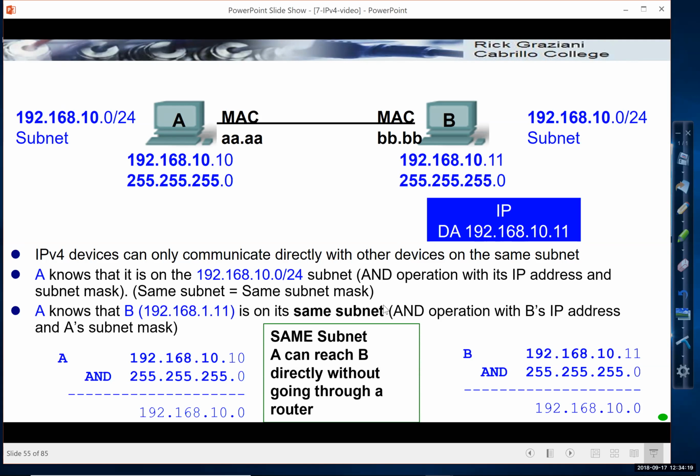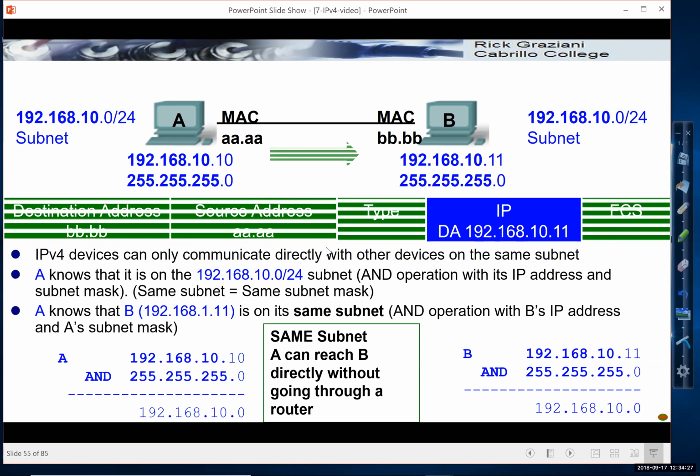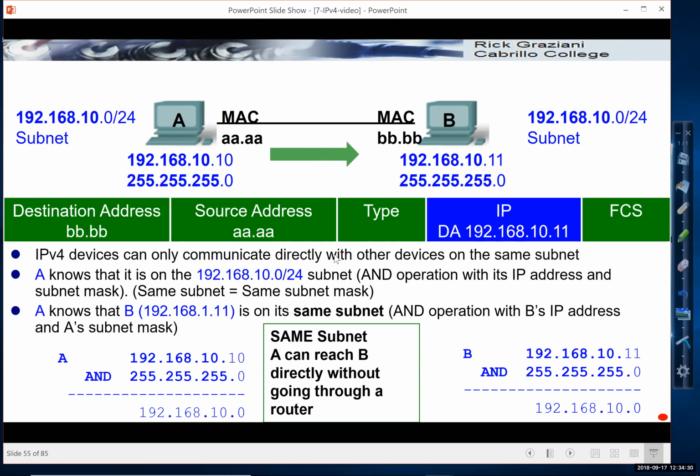Okay. In this case, both network addresses are the same, that of A, and looks like B is on our network. So A can now encapsulate this IPv4 packet in an Ethernet frame with the destination MAC address of B.